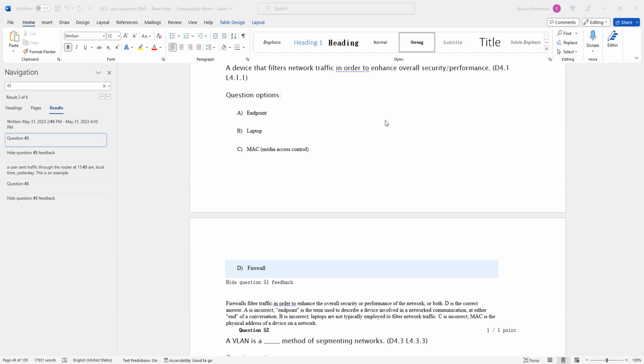Then you've got other ports. HTTP, that is your port 80. HTTPS, sorry, that is where your SSL traffic comes through. HTTPS port 443.